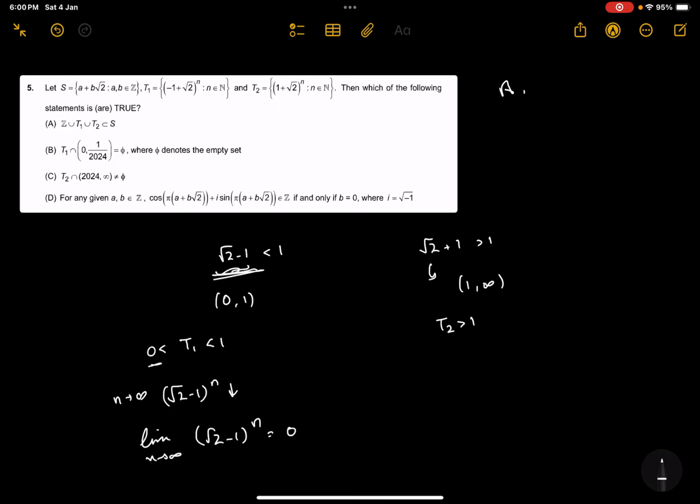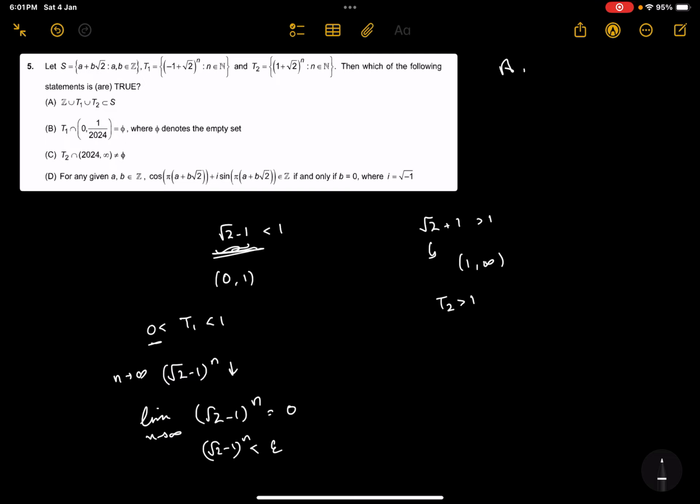That means for some n, root 2 minus 1 to the power of n would be less than any given epsilon of our choice, and choosing epsilon as 1 upon 2024, we get that for some n we will have this condition to be true.